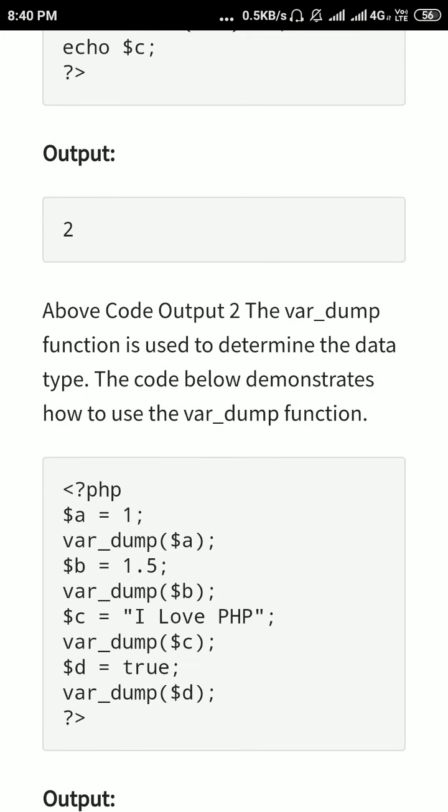So here are some other functions used to determine the data type. In the code below, a is in integer form, b is a floating point, c value is in string form, and d is in boolean form, right?